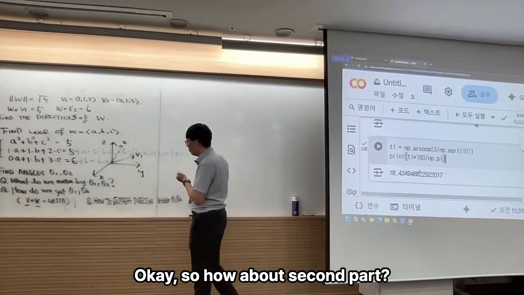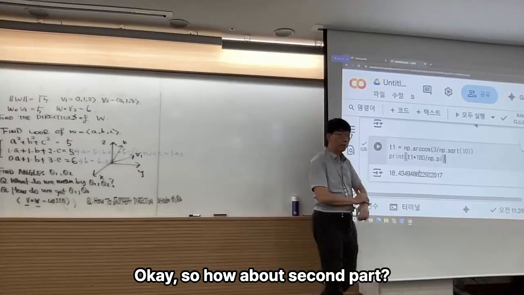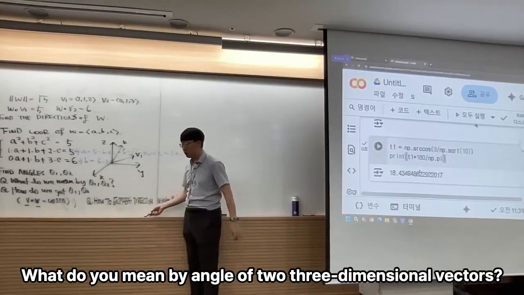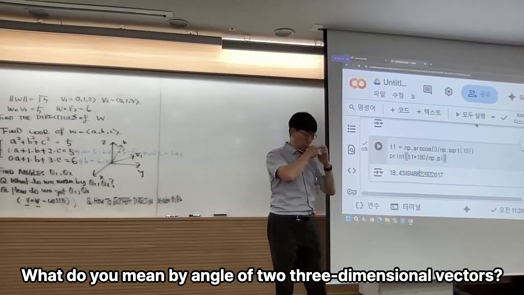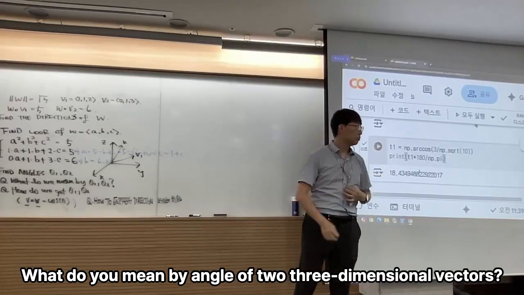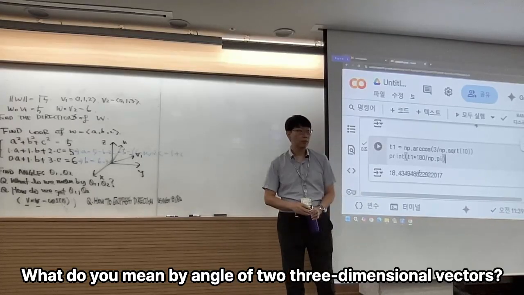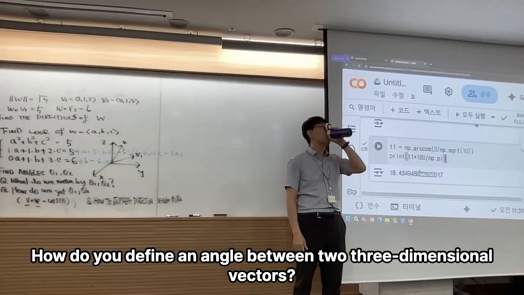Okay, so how about the second part? Let's first think about the first question. What do you mean by the angle of two three-dimensional vectors? How do you define an angle between two three-dimensional vectors?